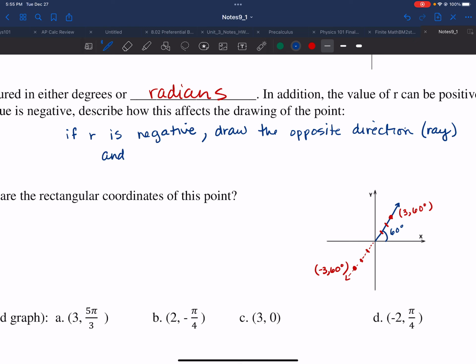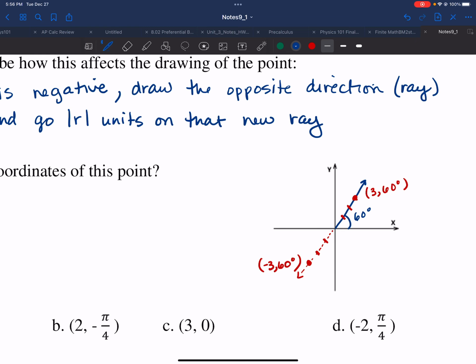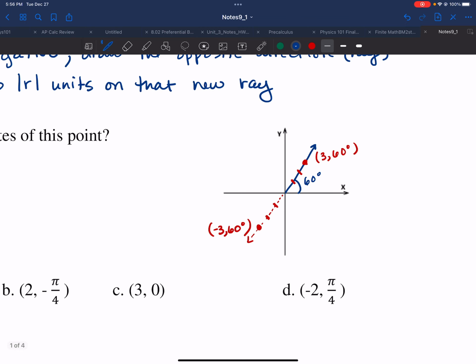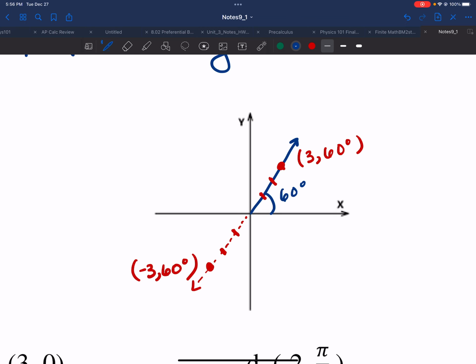And go r in absolute value units on that new ray. So that's what we did here, right? We took 3 and 60, which I already knew, and instead of going this direction with it, we took it back the opposite way. So that negative puts it in the opposite direction.